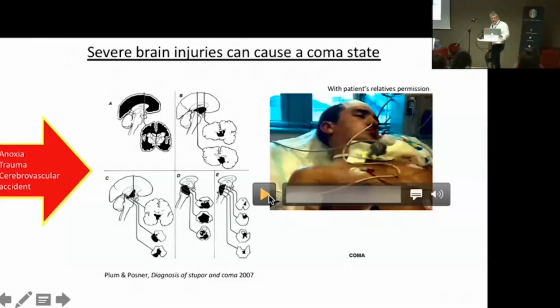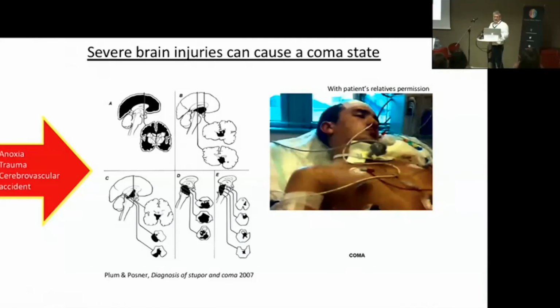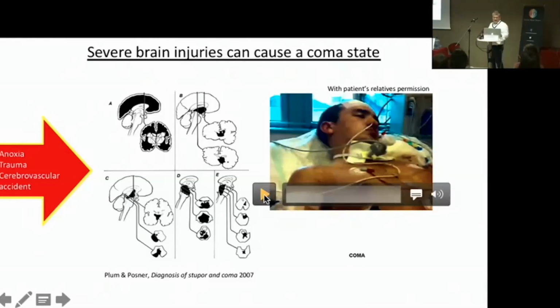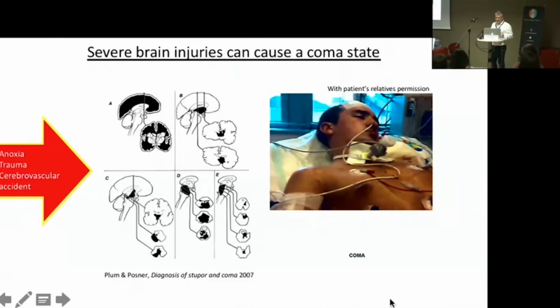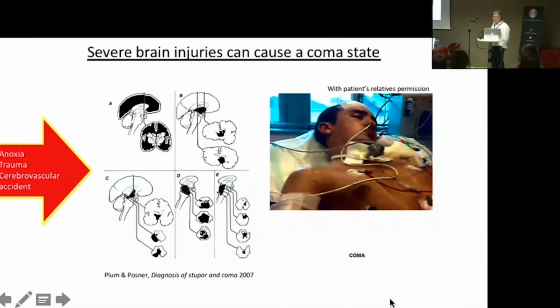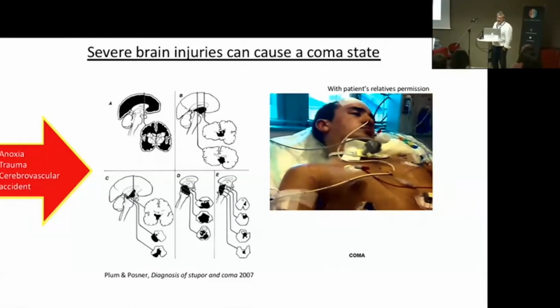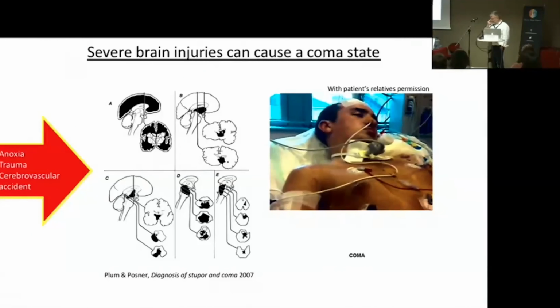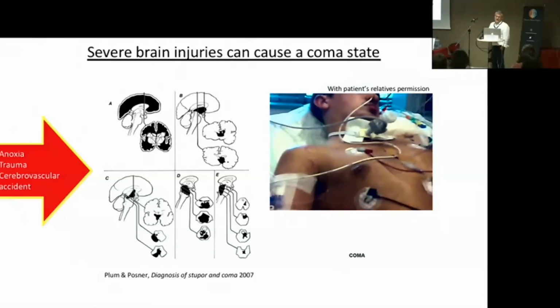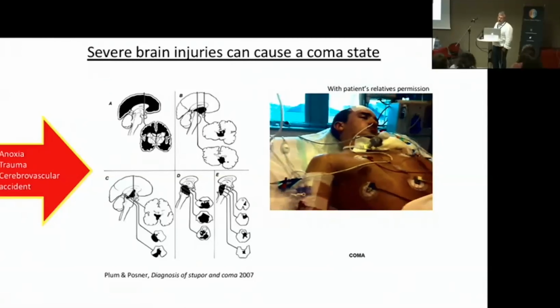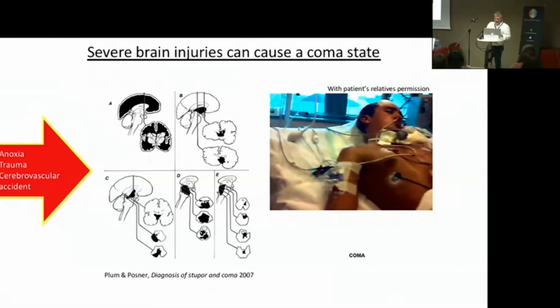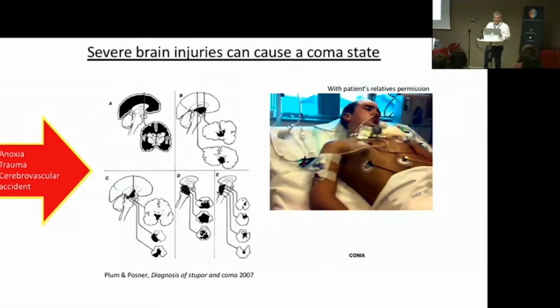So after severe brain injury, regardless of the etiology, a patient can fall into a coma state, which looks more or less like this. The patient is lying with, in this case, eyes closed, and by definition the coma is a sort of deep sleep, from ancient Greek.